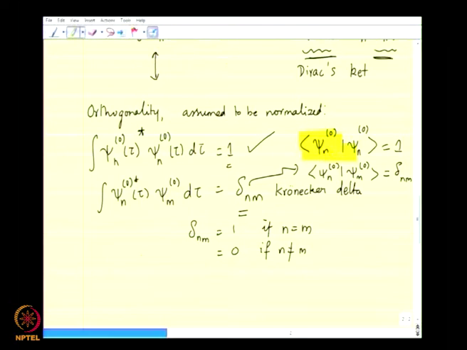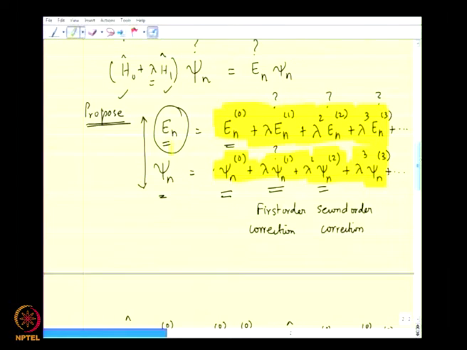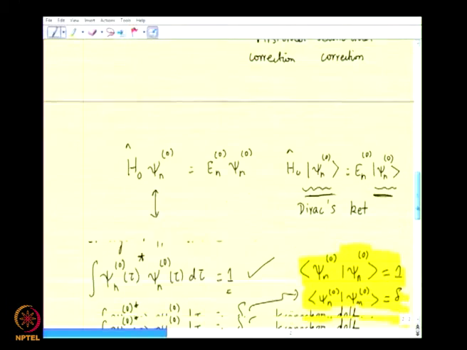This is the bracket notation for normalization, and this is the one for the orthogonality of the wave functions. Keep these in mind, and these things are needed when we use this proposal for the energy En that you have highlighted here, and the proposal for psi n, when we substitute that in the Hamiltonian and start solving the Schrodinger equation.